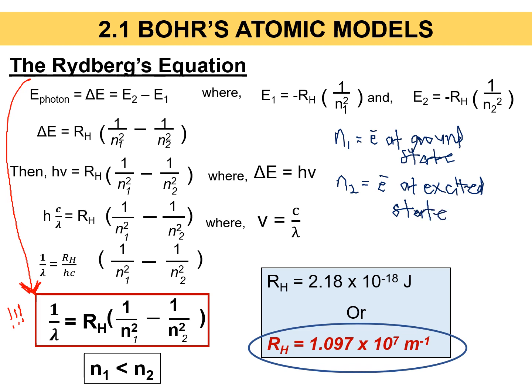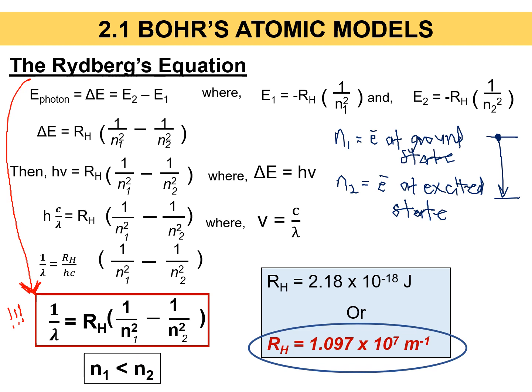Okay, sebab kan ada emission. Emission kan mestilah daripada electron at excited state jatuh dekat ground state. Therefore, you should know bila you nak guna n1 dengan n2, the value of n1, the value of electron at the ground state must be less than the value of electron at excited state.